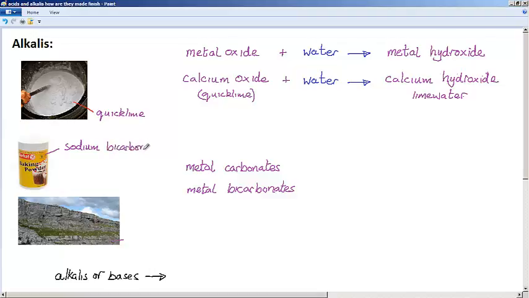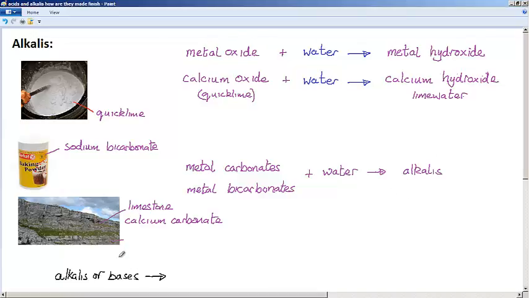And below we've got an example of a very common rock which is made from a carbonate, and that rock is called limestone, and it's made from calcium carbonate. Now, in both these cases, when carbonates or bicarbonates are added to water, they produce alkalis. But they are not as strong as the alkalis produced when metal oxides are added to water. So these are quite weak alkalis.